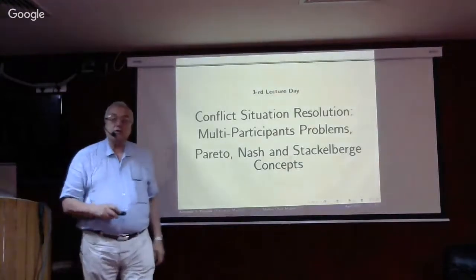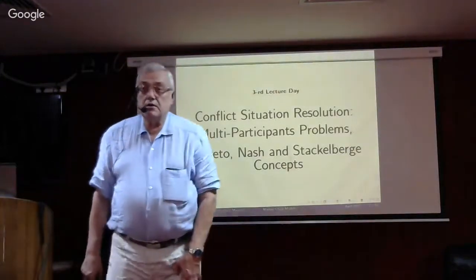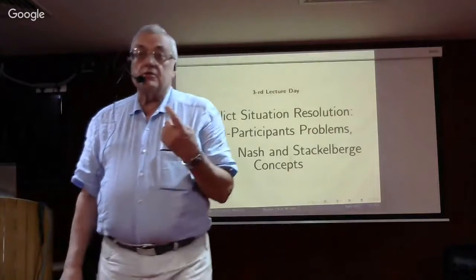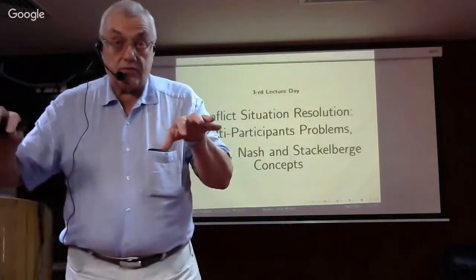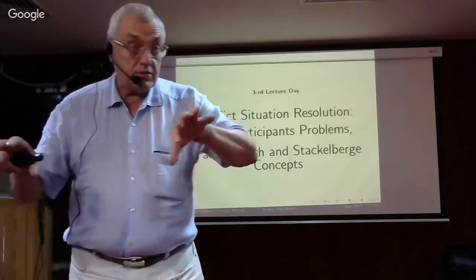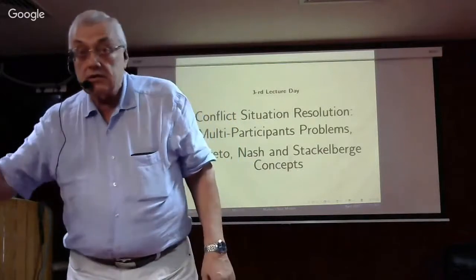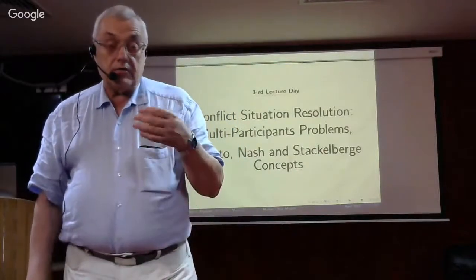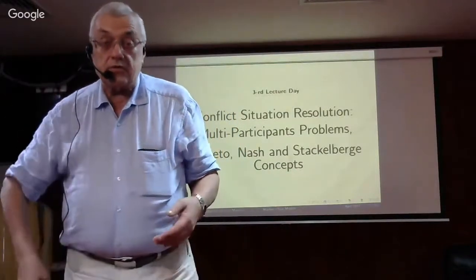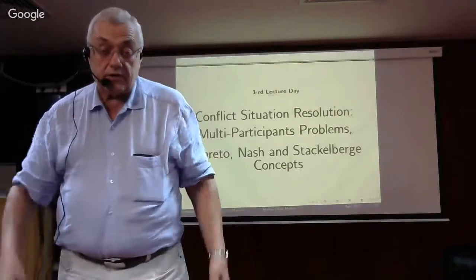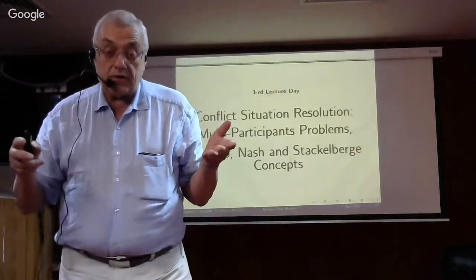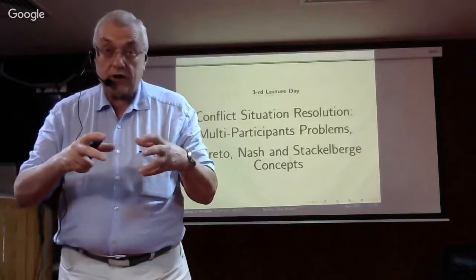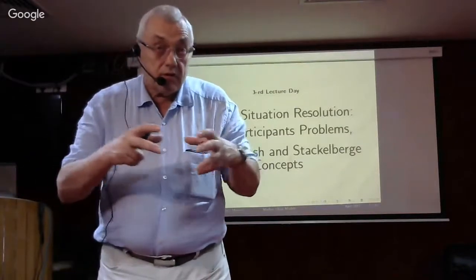Now about conflict situations. Now you know that in each country there exists not only one bank, there exists a group of banks which work together. Again, when you have an election, for example, a presidential election or of some parliament, there exists a group of parties which combine together.